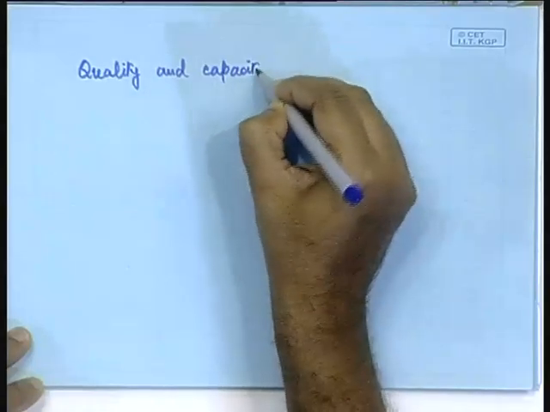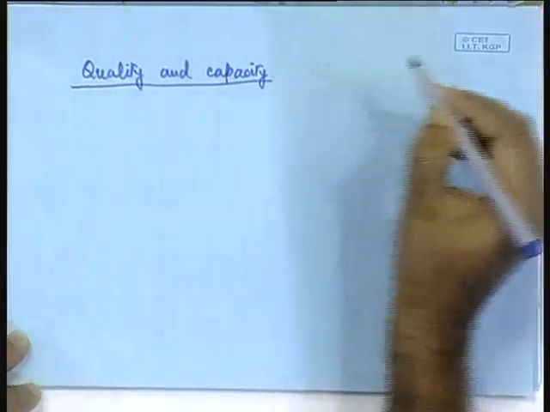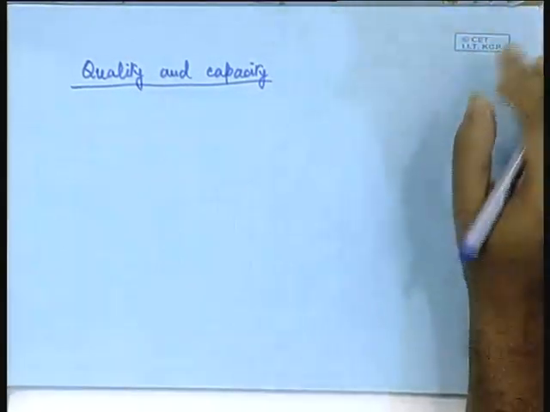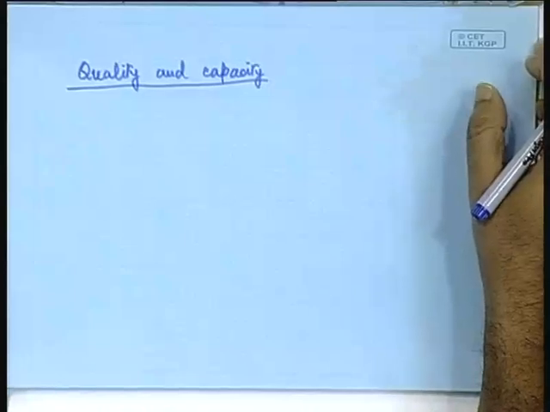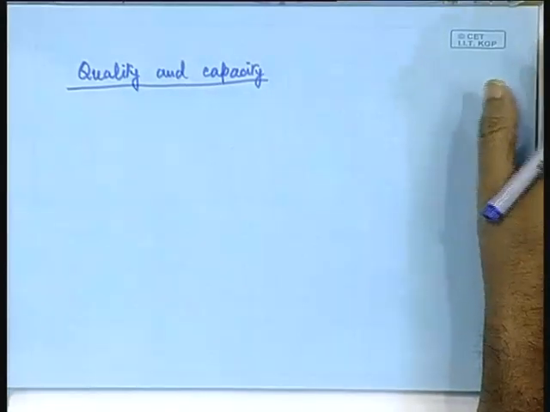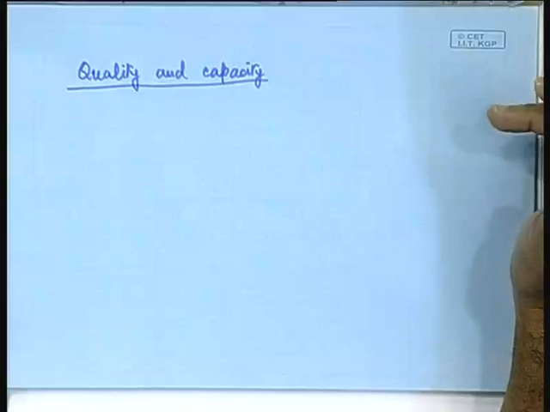If you go in for a higher capacity channel, you can deliver a good quality speech output, and if you are constrained to use a channel of lower bit rate capacity, then quality is definitely going to suffer.